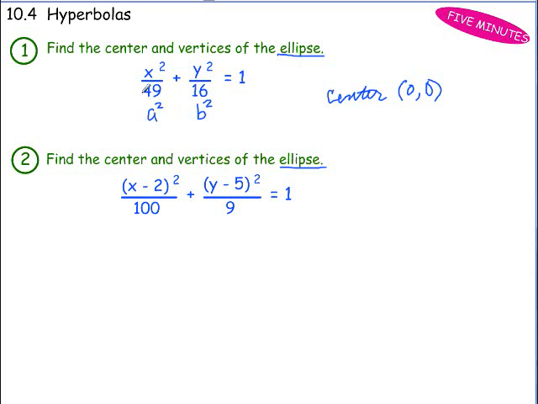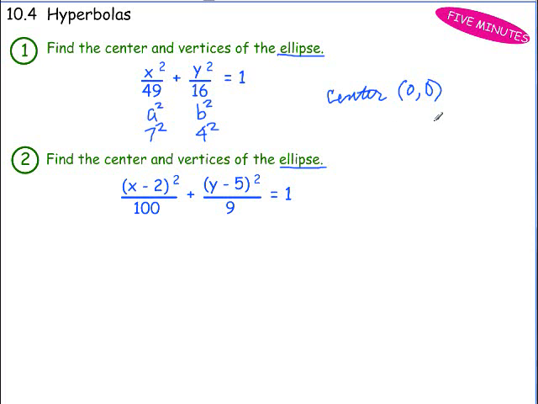I know this is my horizontal axis because it's the larger one and it's under x. So this would be 7 squared. This one is 4 squared.